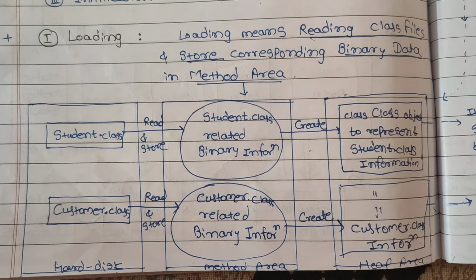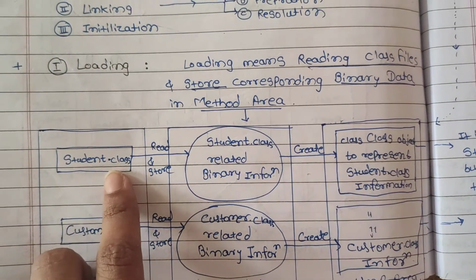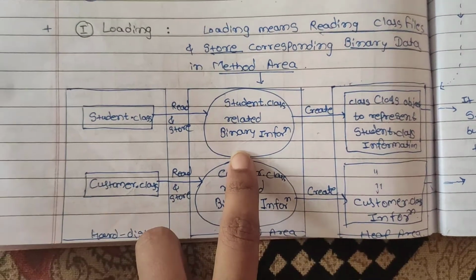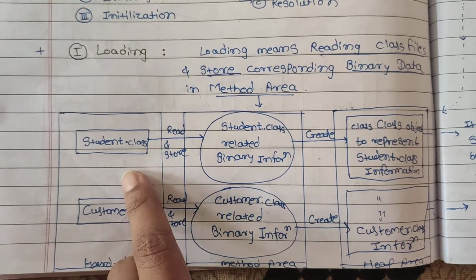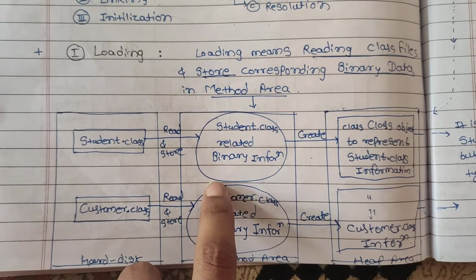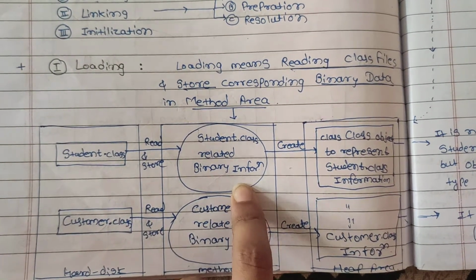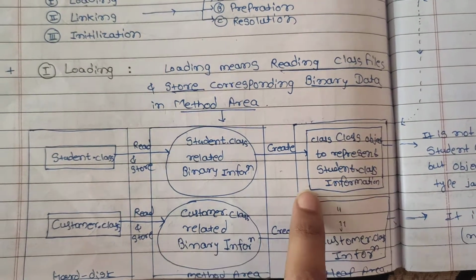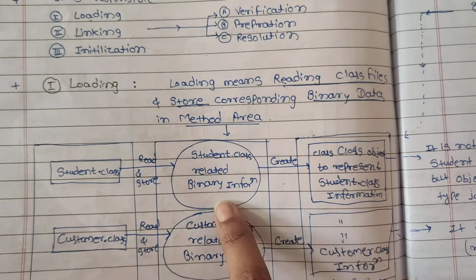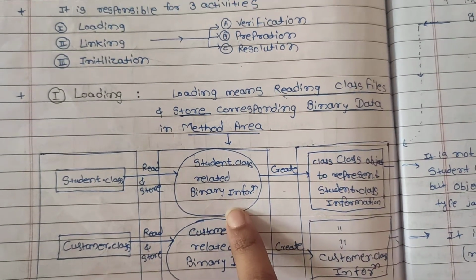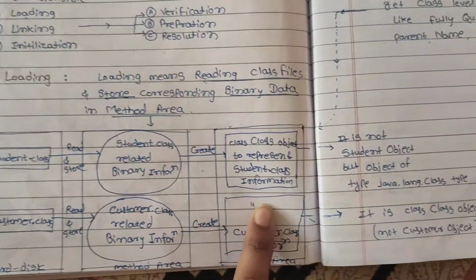Basically, two steps are involved in loading. First, it will read the .class file and store it into the method area. All the binary information related to this .class file will be stored here, and then it will create the class object to represent student.class information, meaning all the student class related information will be created.